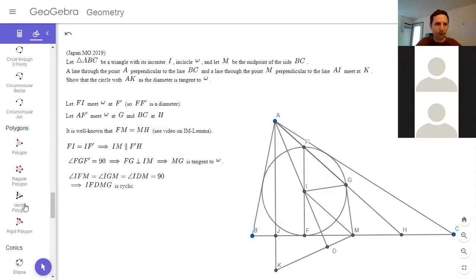All right, so I'm going to draw that in. And then we also know IJDM is cyclic.